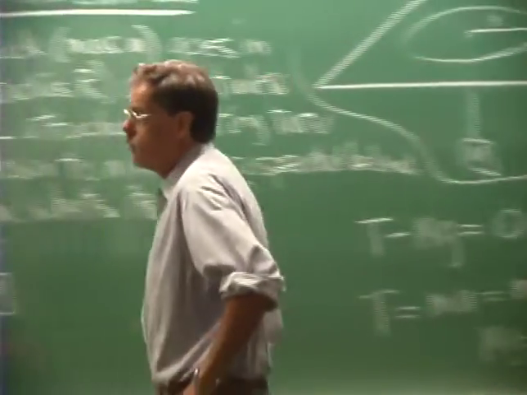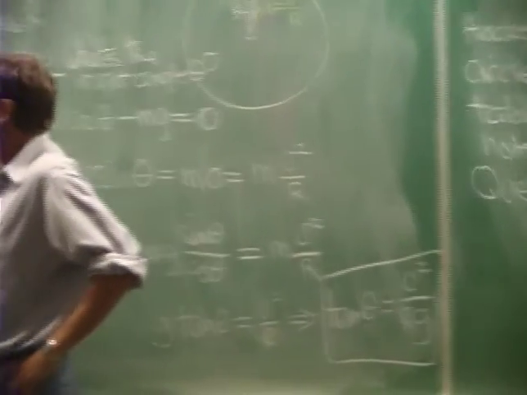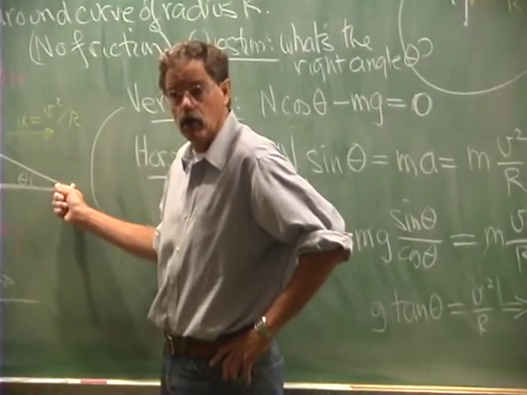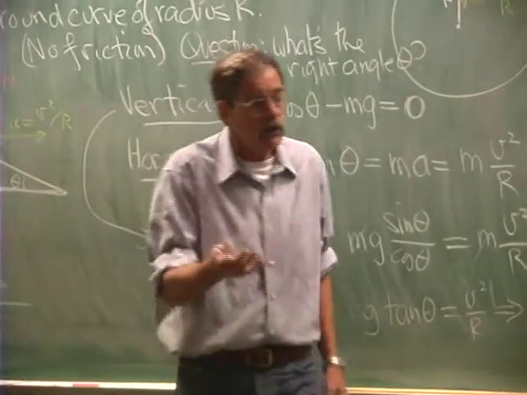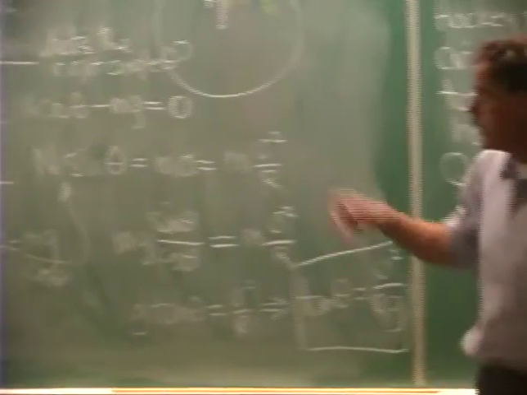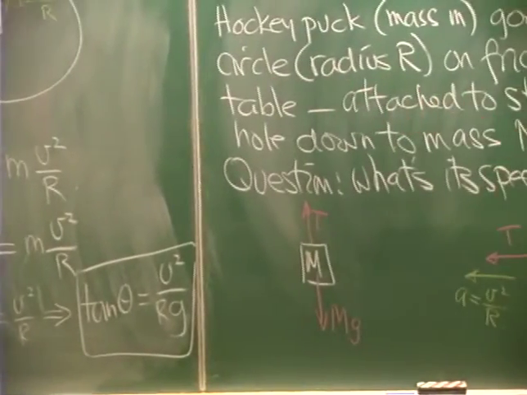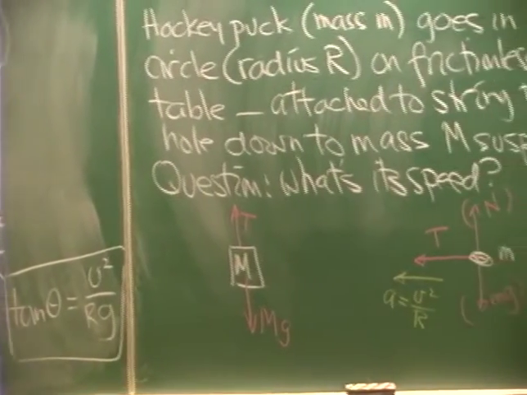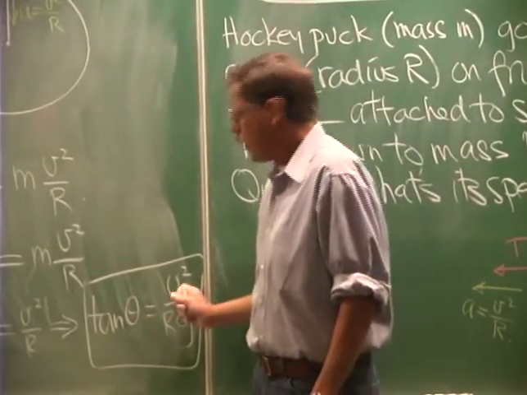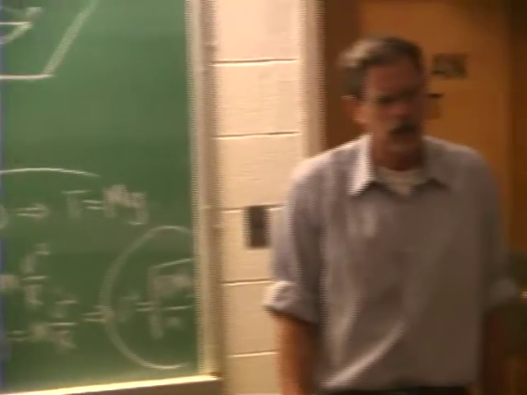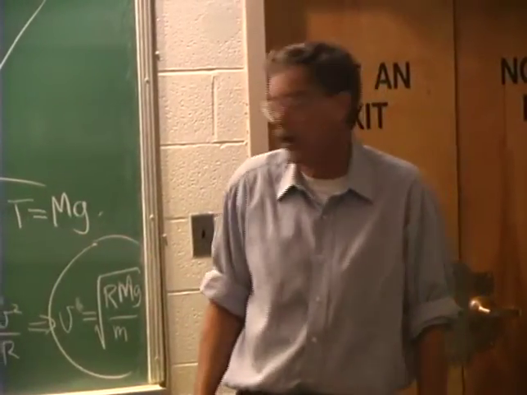Well, of course, if you go a little bit too slow, then you're going to tend to slide down the hill, and you'll need a little bit of friction to keep you on the road. If you're going a little too fast, then you'll tend to slide up the bank, and a little bit of friction will hold you in the track again. So you're only requiring a little bit of friction to correct for the fact that you didn't go around there at exactly the right speed that the thing was designed for.